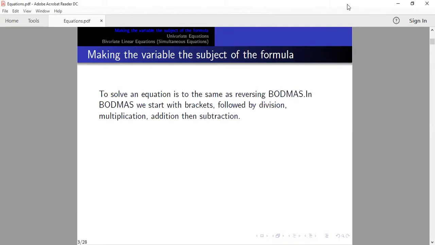After you dealt with the brackets, the first operator you deal with is division, the division sign. Anything that divides, you deal with that first. And then you go to multiplication after division. Then the additions and subtractions then follow. It doesn't really matter whether you start with addition or subtraction, but they all follow.